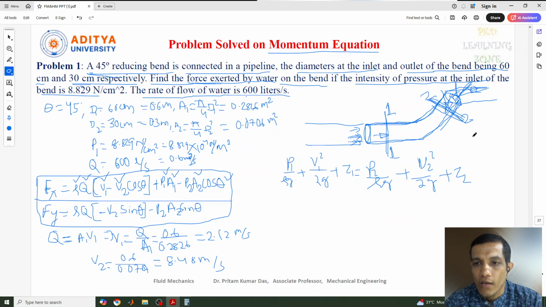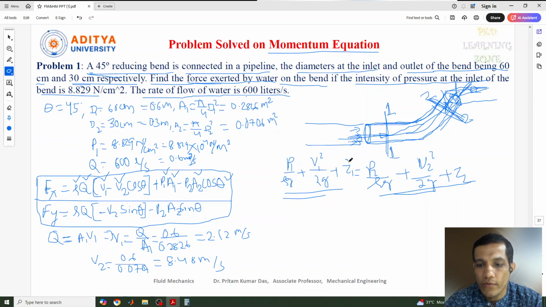Okay. Now, if you see this flow, the value needs to be considered here, like how the flow is moving at this point. For this equation, let's consider the values of Z1 and Z2 both are same, the datum line, the datum value. Both are same.